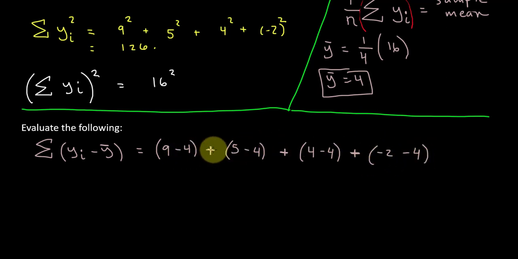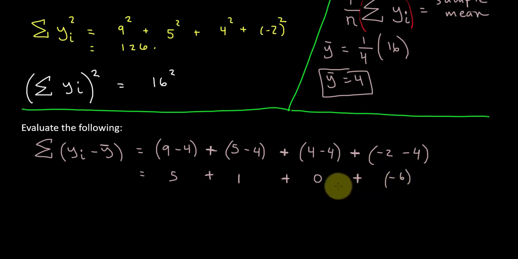So now we have a sum of these subtractions. Now these actually have a name, so I'm getting us geared up for that. Now let's do 9 minus 4, we know that's a 5, plus 1, plus, ooh, that's a 0, plus -6.